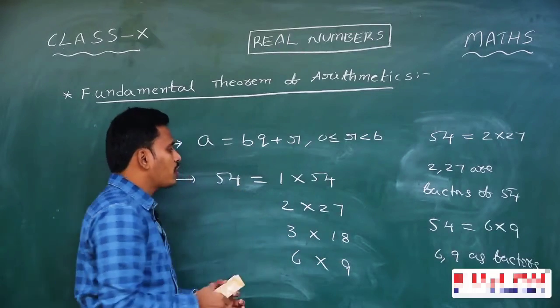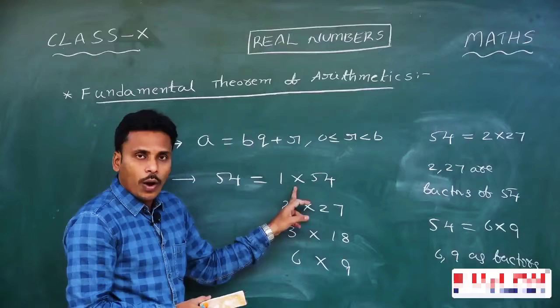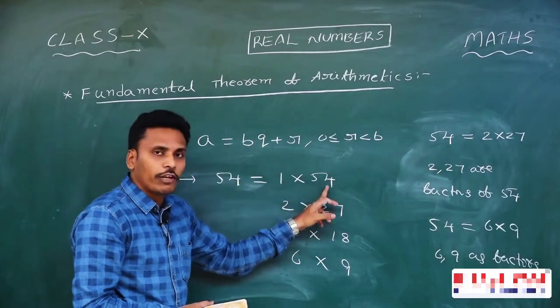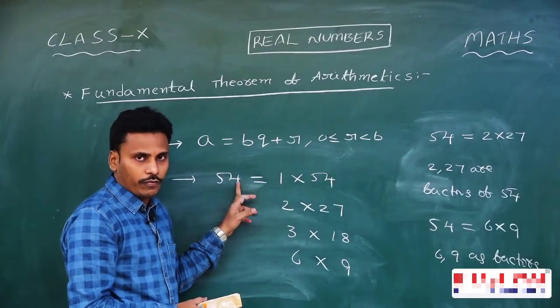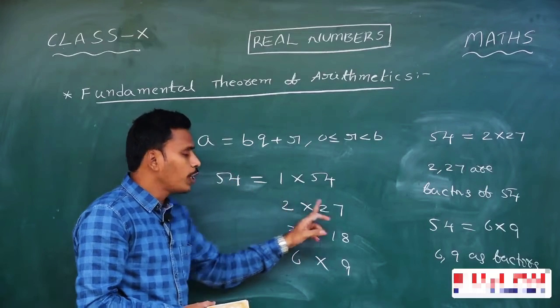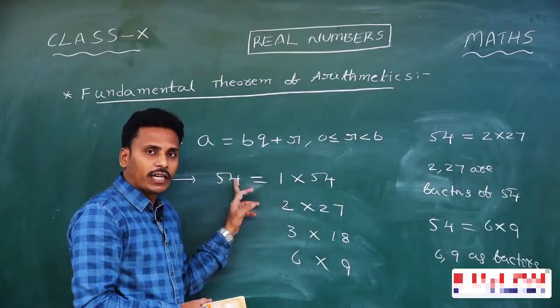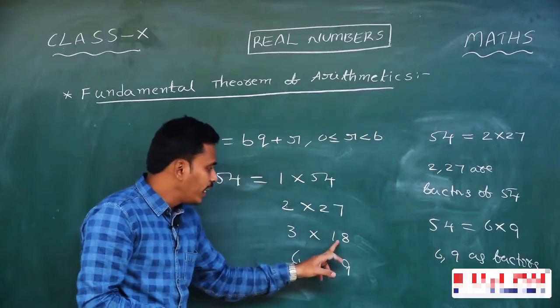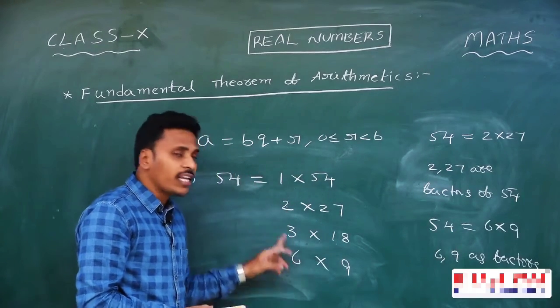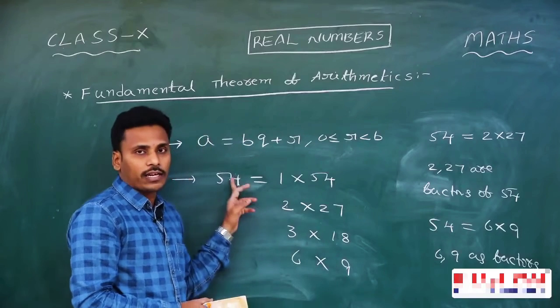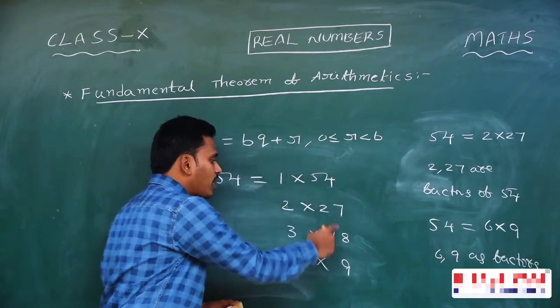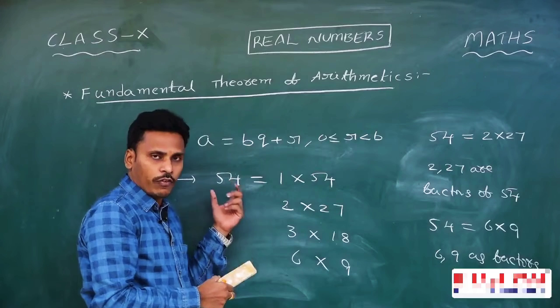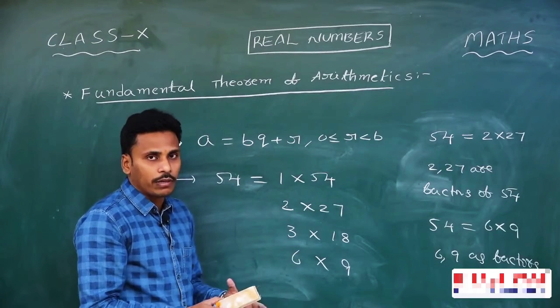Since 54 is equal to 1 into 54, 1 is a factor of 54, and 54 is also a factor of 54. Since 54 is 2 into 27, 2 is a factor, 27 is also a factor. 3 is a factor, 18 is also a factor. 6 is a factor, 9 is also a factor. At the end, these are the possible representations for 54 as a product of two numbers.